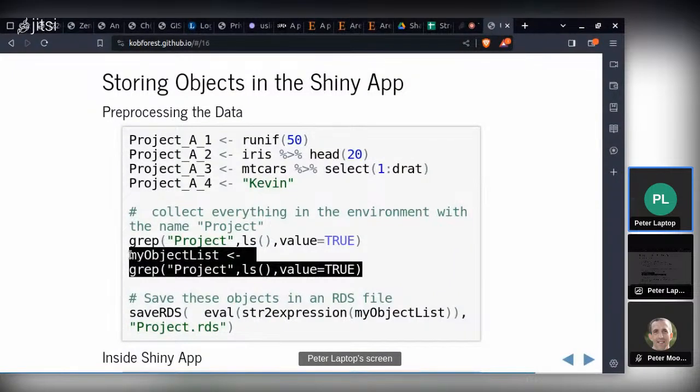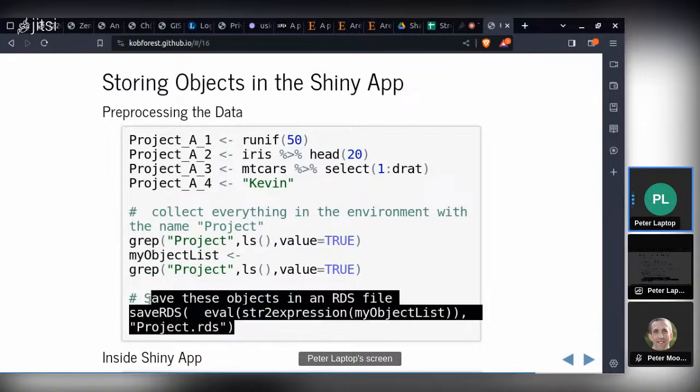They could be plots, data sets, and so on, okay? Essentially the best approach here is that you can collect up anything that has project in the name as a little list, and save it as an RDS file, okay? That's an R data file, and transfer it to the Shiny app. So send it over to the Shiny app, save it over there.